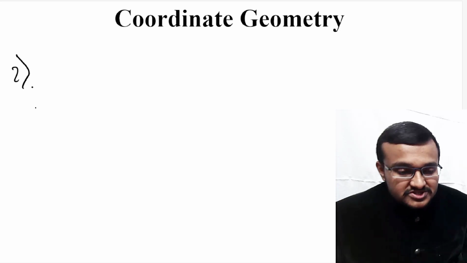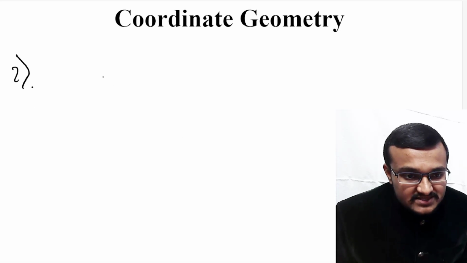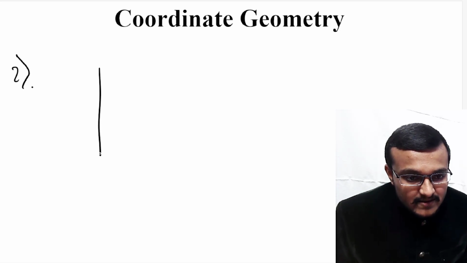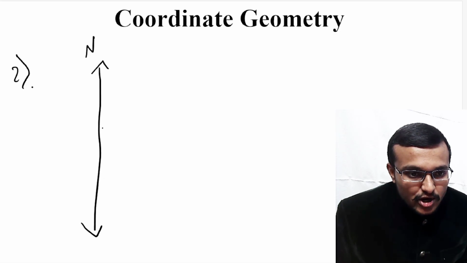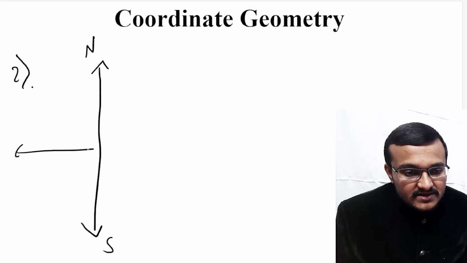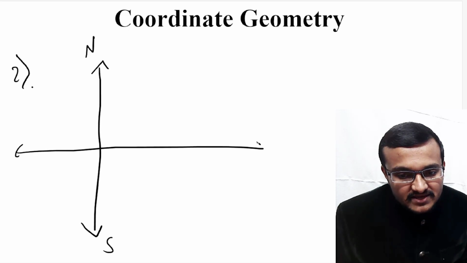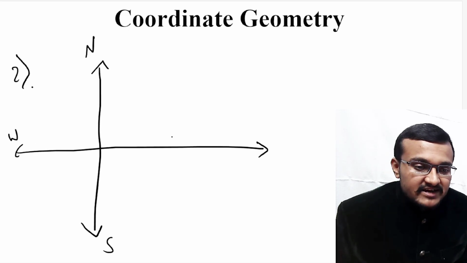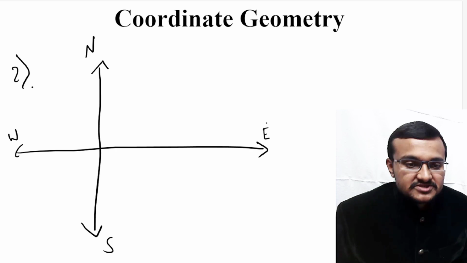So in the second question, there is one main road in a city which runs from north to south, and there is another main road in the city which runs from west to east.